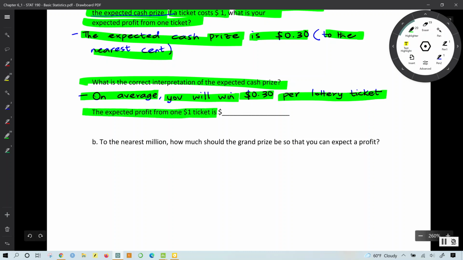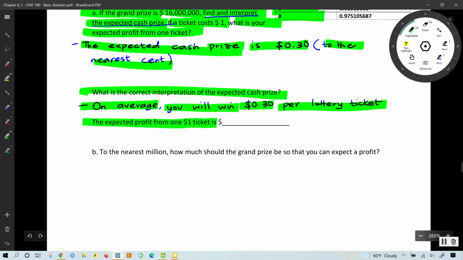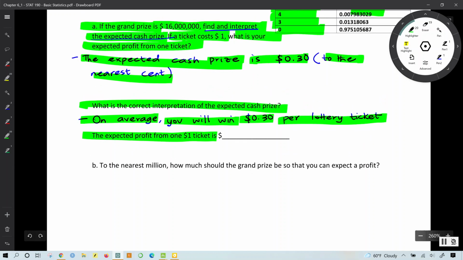Then the next part of the question is, what is the expected profit from one ticket? If a ticket costs $1 out of your pocket and you're making 30 cents back, well, that is a loss. So in other words, it will be 30 cents minus $1, and that will be negative $0.70.